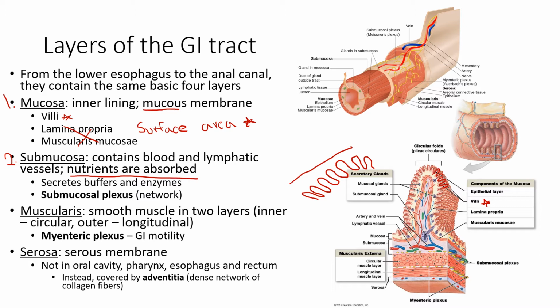It is going to secrete buffers and enzymes, but the main thing I want you to get is that nutrients are going to be absorbed here. So we are going to diffuse through these layers, and the nutrients are going to go straight into your blood and lymphatic vessels.